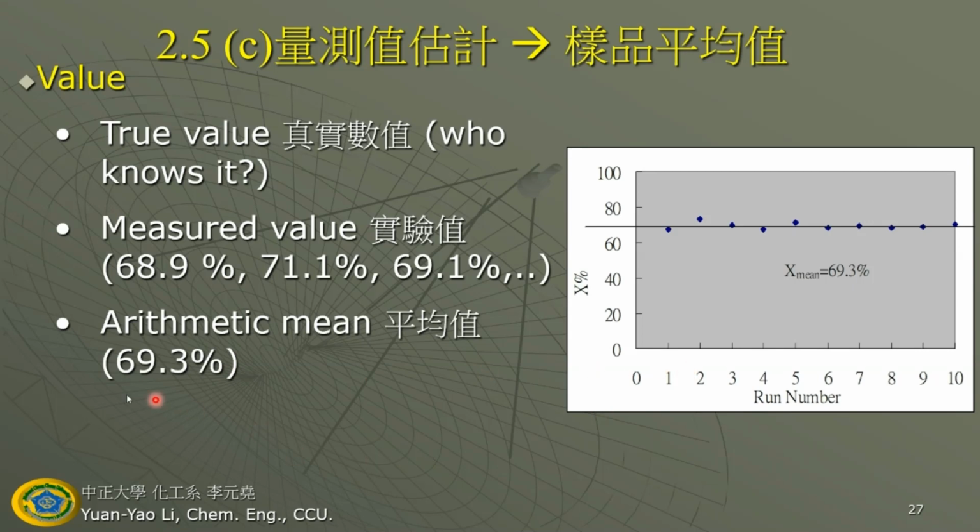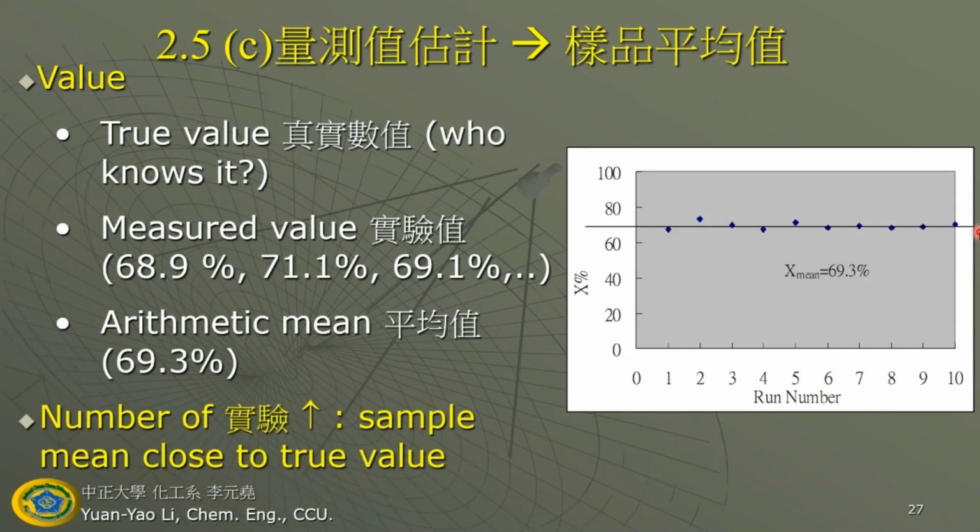And normally, I'm sure you will use this number to express these 10 numbers. If I ask you to do 100 experiments, or I ask 100 students to do experiments, of course you will get better results, closer to the true value, right?